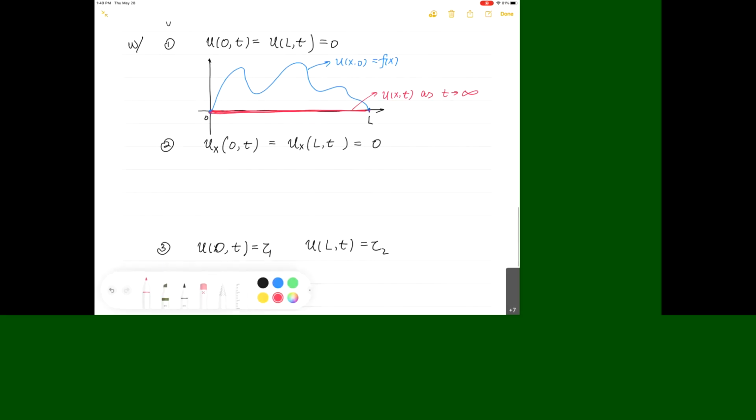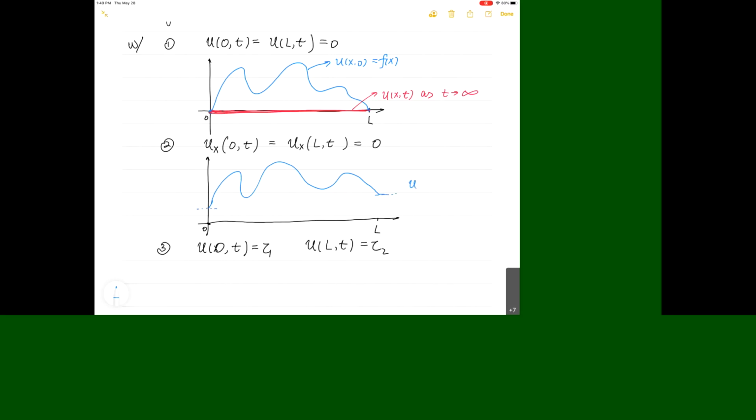All right, so what would be the second situation? Let me give you the difference between the physical pictures. Here again, the beginning is 0, the end is L, and the initial condition doesn't matter. The initial condition could be something like this. However, this time we require the derivative to be 0.